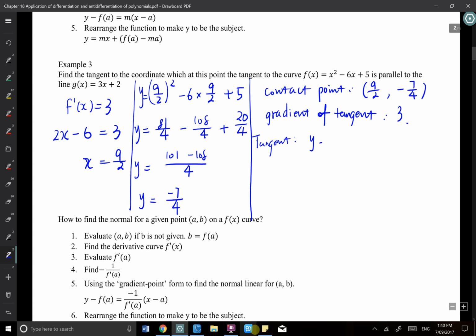The equation of the tangent must be y minus y1 equals gradient times x minus x1.